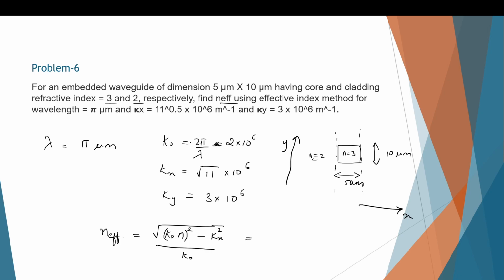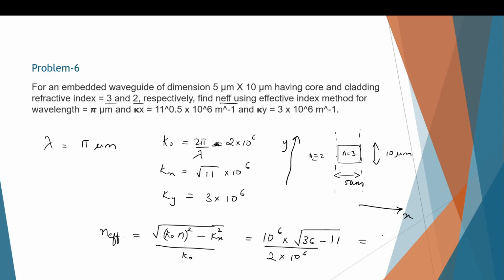So k naught was 2 into 10 power 6 times n is 3. So 10 power 6 squared, I'll just take it out as 10 power 6 first, upon 2 into 10 power 6 into root of 2 times the refractive index, which was 3, 2 times 3 is 6, 6 sixes are 36, minus kx squared, which will be 11.